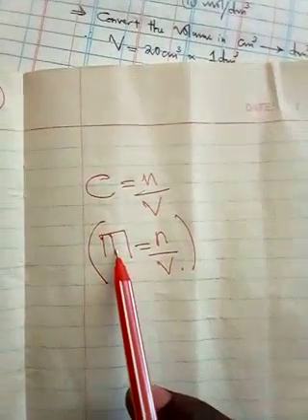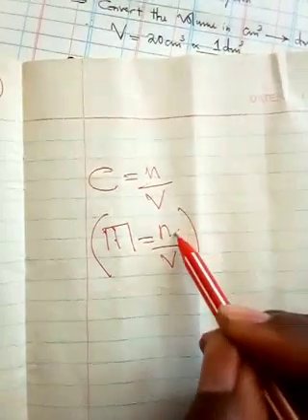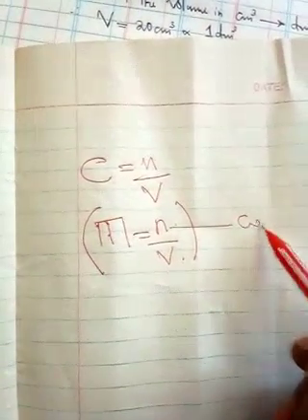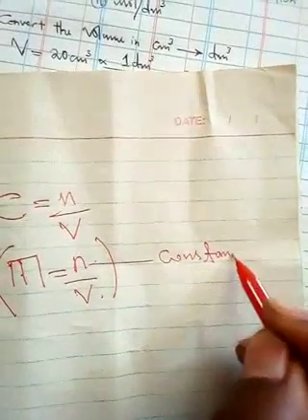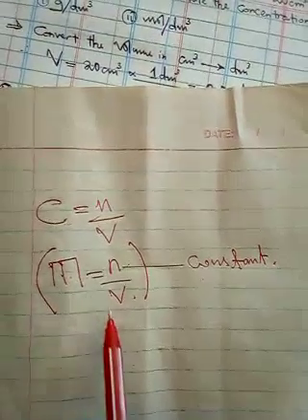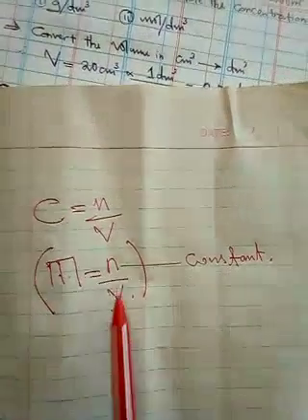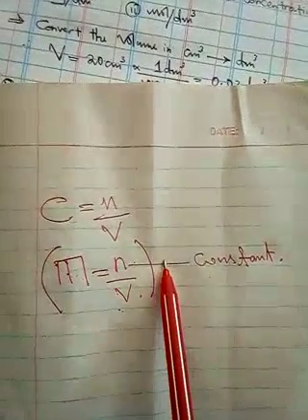When you're establishing the relationship between molarity and volume, you need to ensure that your number of moles is constant. Why?